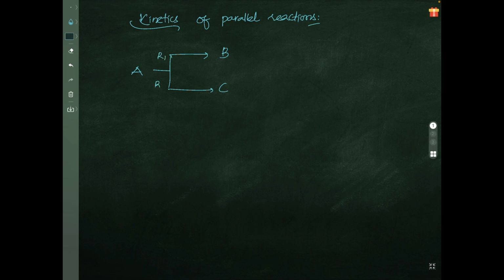This is R2, rate of reaction. This is K1, this is K2, rate constant and rate constant. If K1 is greater than K2, then you can say A to B is major and A to C is minor. A to B is the major reaction, A to C is the minor reaction.